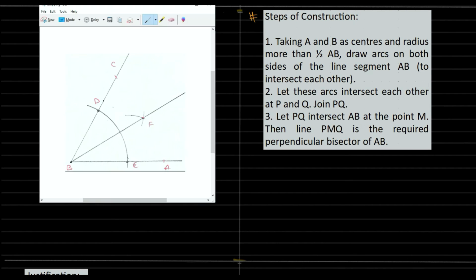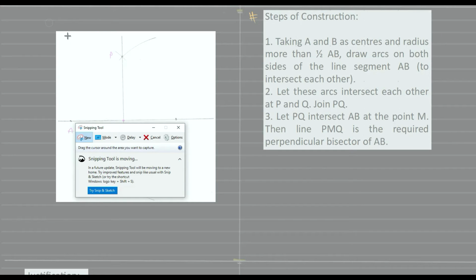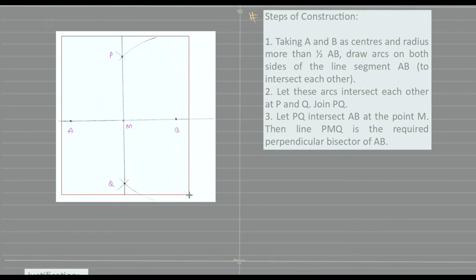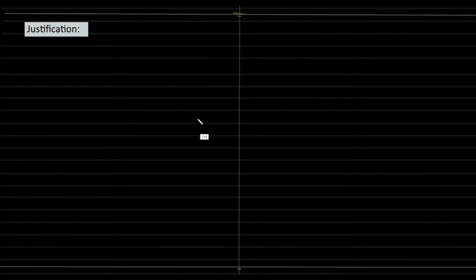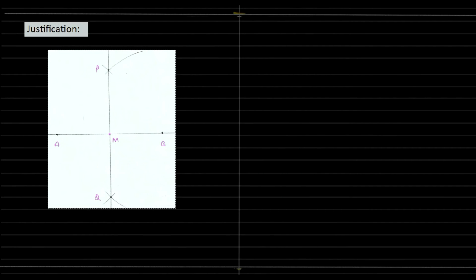Okay. Now let's justify whatever we have done mathematically using congruency and all of that. So for justification, you need to join AP, AQ, QB and PB, right?